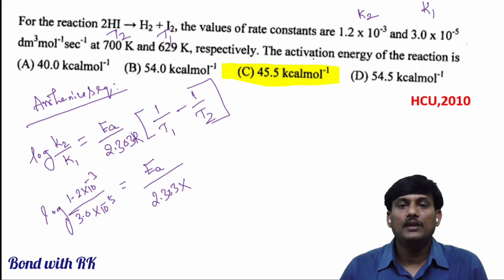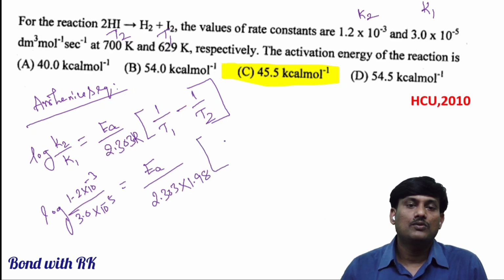Here R should be in kilocalories, so let's take R as 1.98 calories, into 1 by 629 minus 1 by 700.